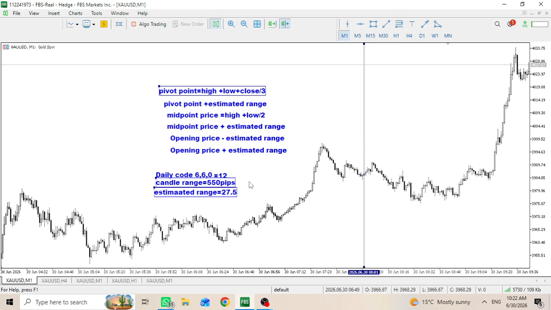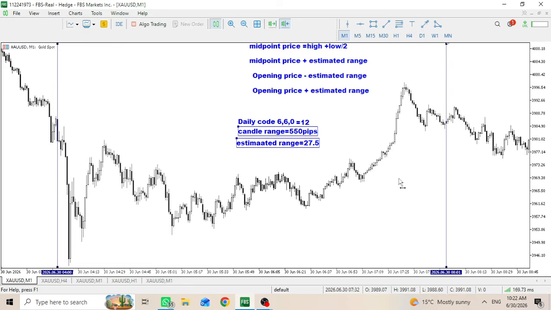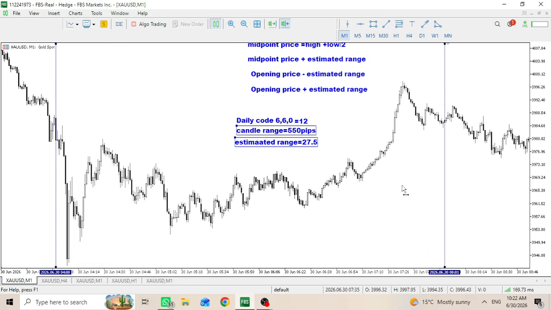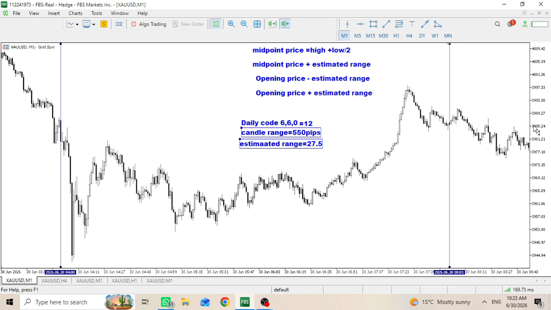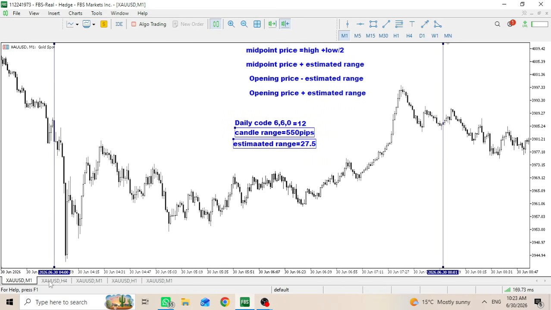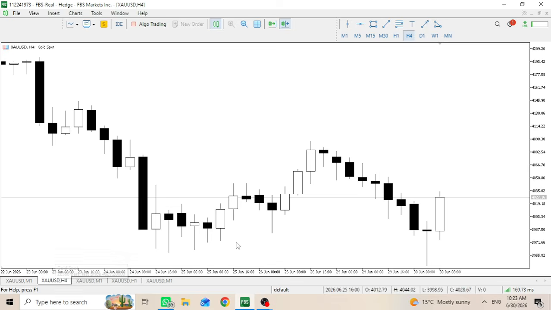Now I want you to check something. I want to show you how these things correlate. If I take the midpoint of this price action, let's wait and see what we get. I have told you to get the midpoint.